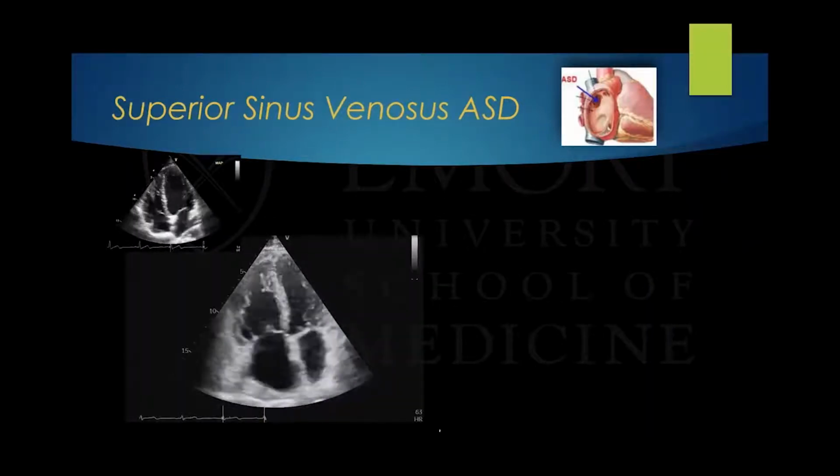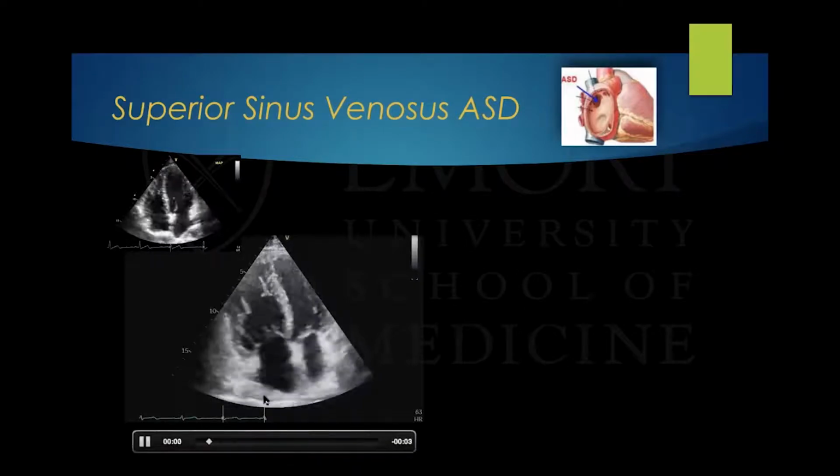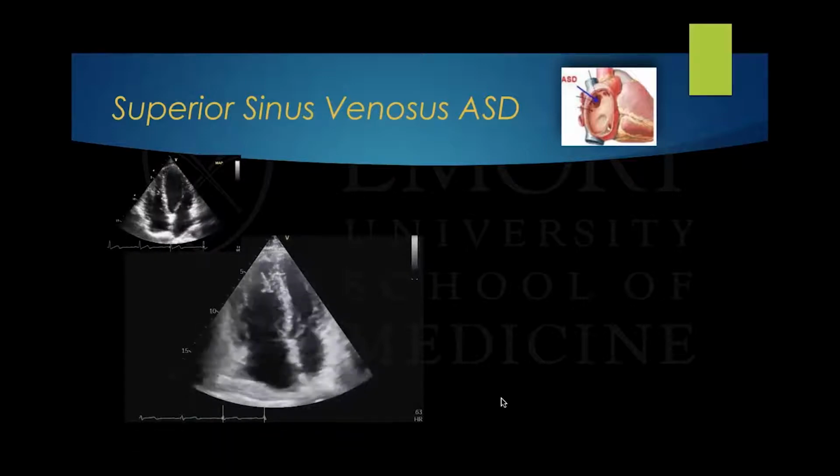In the four-chamber view, you can only appreciate the dilation of the right-sided chambers. However, you don't see any kind of defect in any area. So this is not the plane or the view that you should perform to assess this kind of defect.